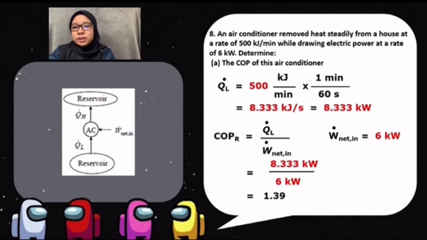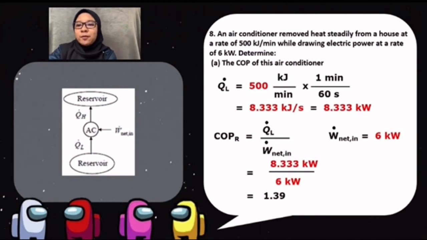Okay, first we change the value of Q dot L to kilowatt. Q dot L equals 500 kilojoule per minute times 1 minute over 60 seconds, and we get Q dot L equals 8.333 kilowatt.